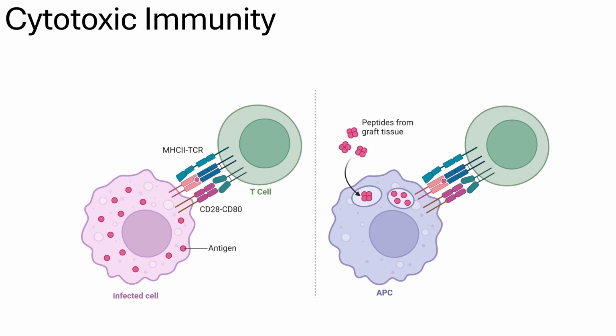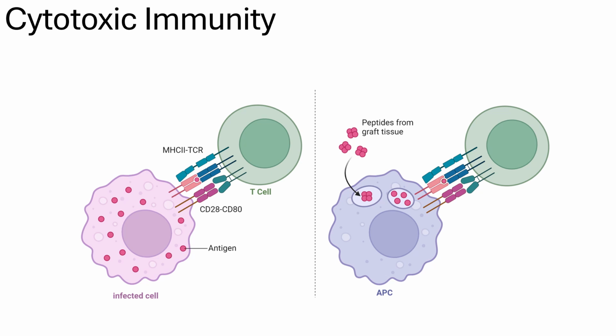Adaptive immunity includes humoral and cytotoxic immunity. These two forms of immunity use antibodies, immunoglobulins, and direct attacking cells to neutralize a pathogen. Cytotoxic immunity focuses on making an army of T cells that can kill the actual infected cells.